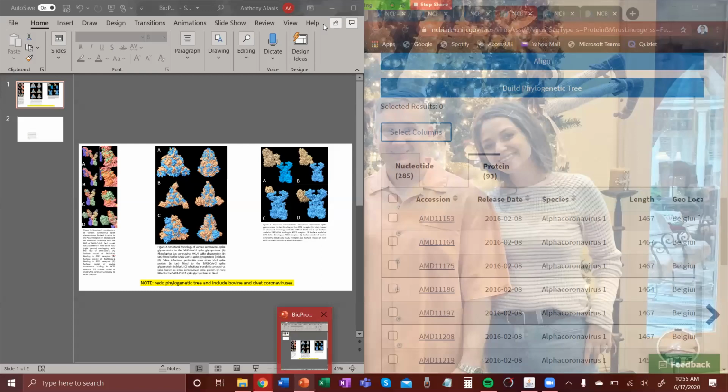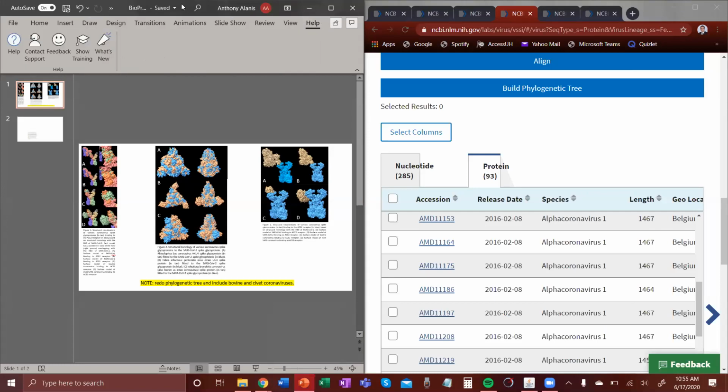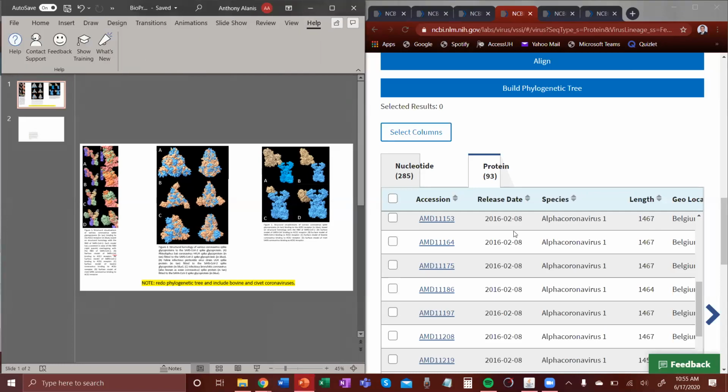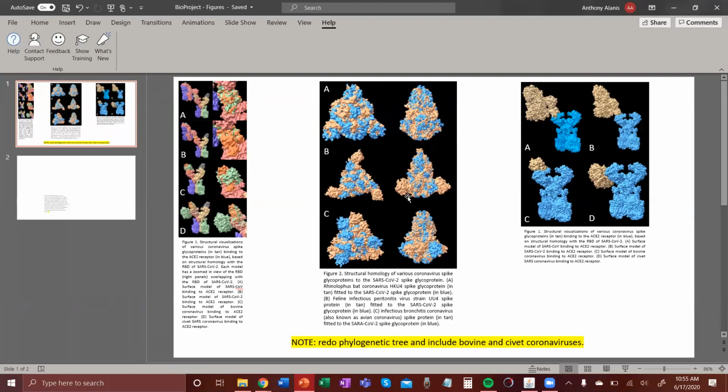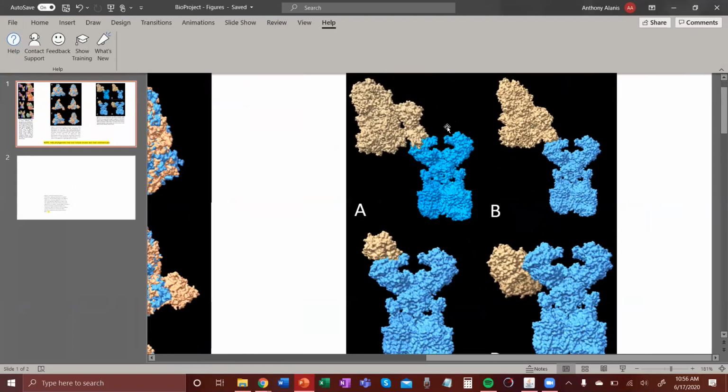This is the part that took me the longest amount of time. I spent most of my time in Chimera, so this is all stuff I did in Chimera. On the left and the right, those are the same exact figures, but I like the one on the right more because it emphasizes where the spike glycoprotein is, which is in tan.